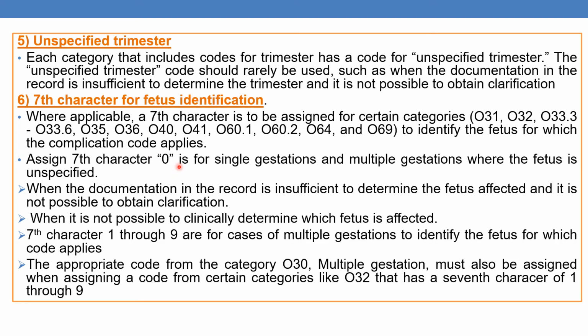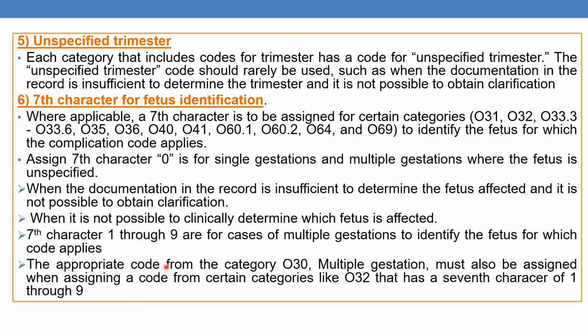Seventh character 0 is for single gestations and for multiple gestations where the fetus is unspecified. And when the documentation in the record is insufficient to determine the fetus affected and it is not possible to obtain clarification, even in that case the seventh character can be 0.